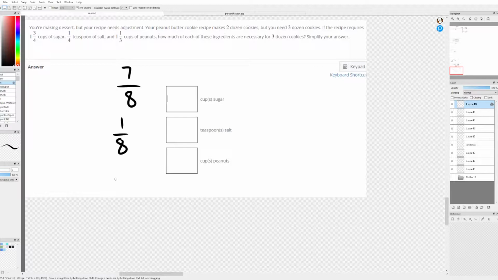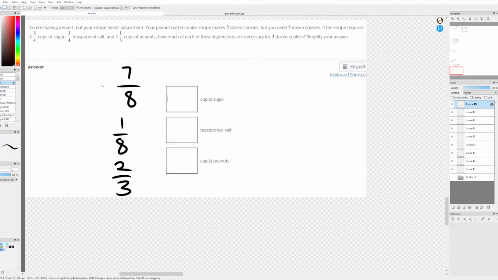So 1/8 teaspoon salt. And 1 1/3 is 4/3. Divide that by 2. You'll get 4/3 times 1/2, which is the same as 4/6, which is the same as 2/3. So this is for 1 dozen.